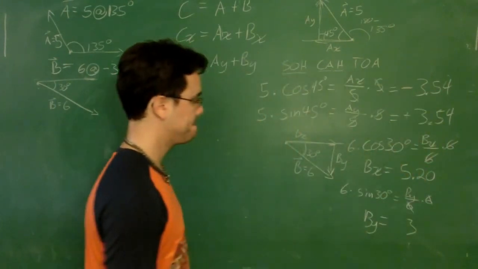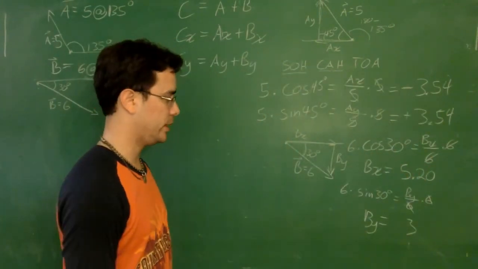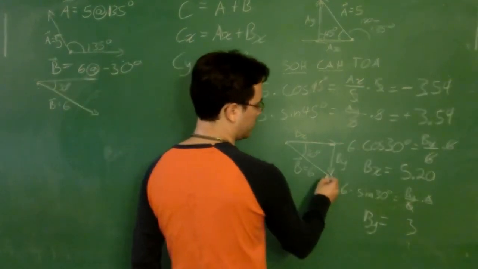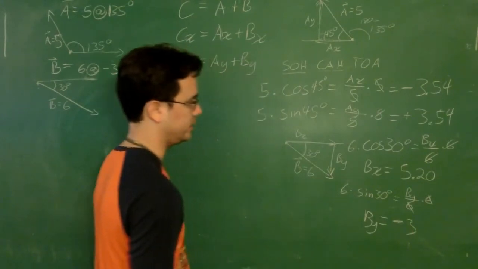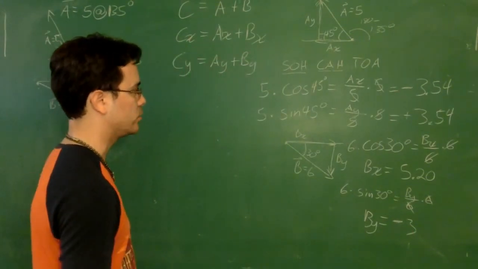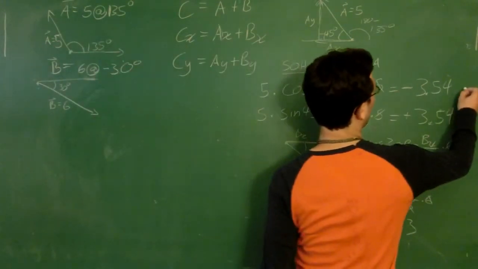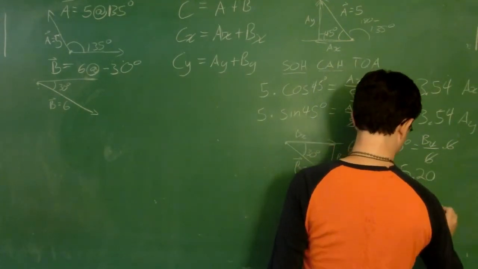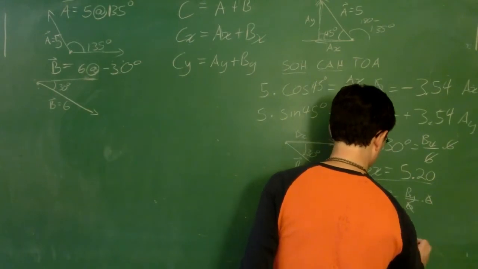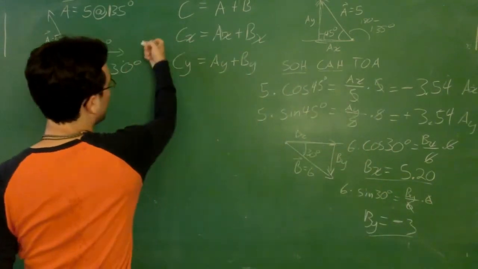Wait a second. Which way is our b sub y vector pointed? It's pointed down. That means that we need a negative here, because it's in the negative y direction. All right, now we're set. We have both of our a sub x, our a sub y, and our b sub x, and our b sub y. We can go back to our equations here.